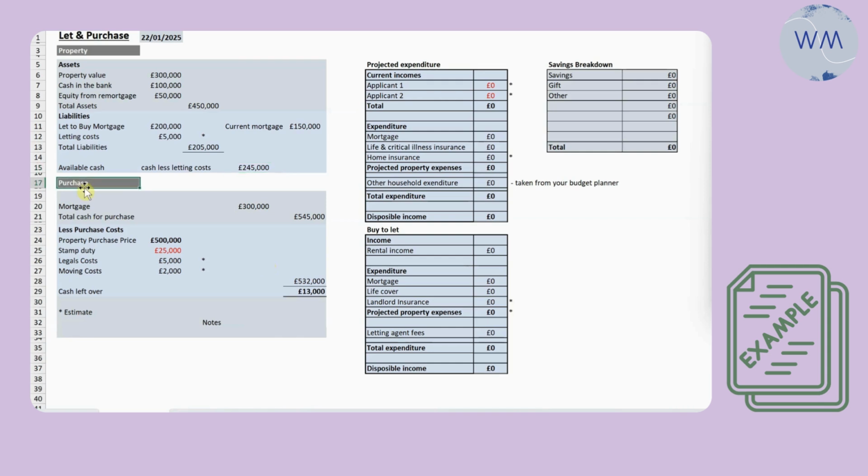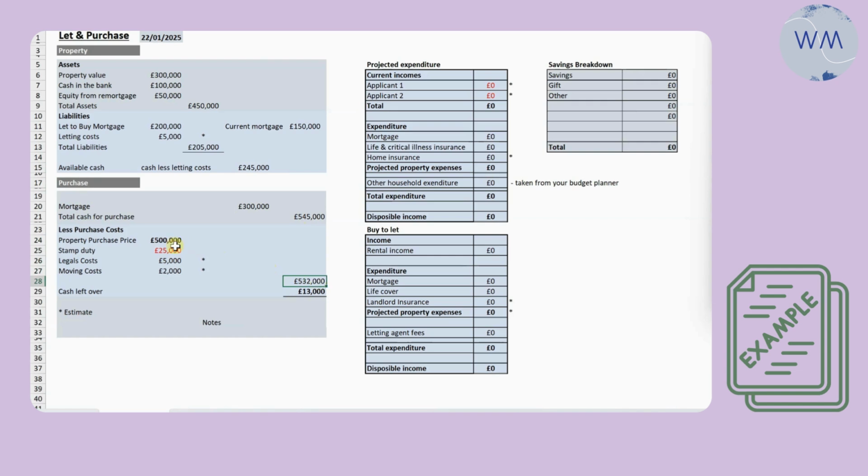On to the purchase. We've got the property that you're looking to purchase, its value there. I've estimated stamp duty, legal costs, and moving and mortgage costs, to give a total of £532,000 of spending, what we need to spend money on.